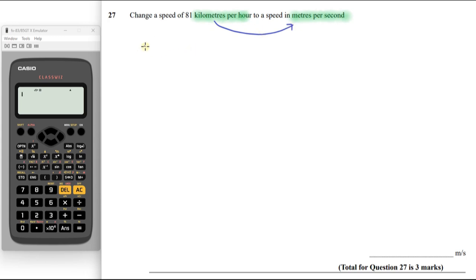If we're going 81 kilometers in 1 hour, how far is that in meters? To go from kilometers to meters, we just multiply by 1,000. There are 1,000 meters in a kilometer. So 81 times 1,000 is 81,000. So we're traveling 81,000 meters in 1 hour.